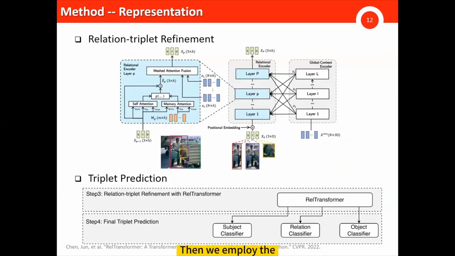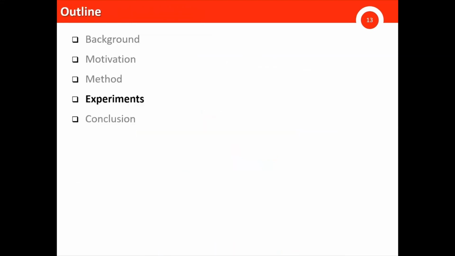Then we employ the transformer module proposed in RelTR. This module refines the features step by step by considering the global context of the scene. Finally, the refined features are input into the corresponding classifiers to obtain class logits.